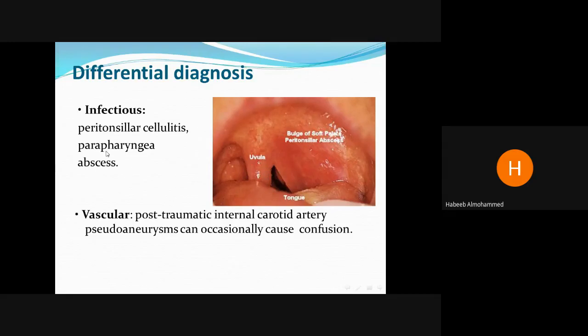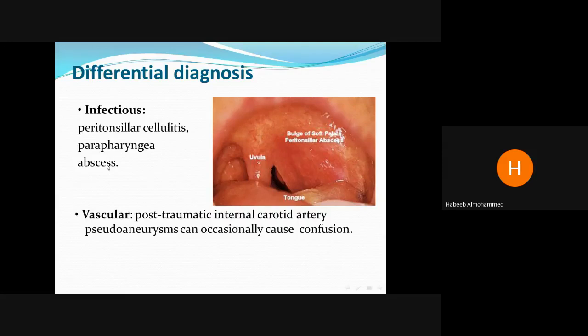You have to differentiate whether it is peritonsillar cellulitis or abscess. Tapping of the area and aspiration can differentiate. Imaging studies can also differentiate, because with cellulitis you can start conservative treatment, while the abscess you have to drain as early as possible.